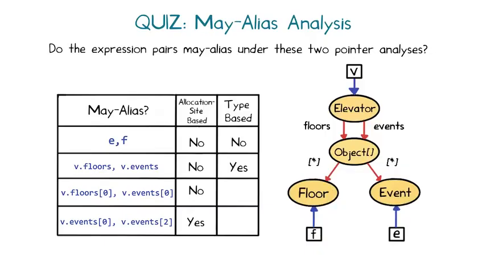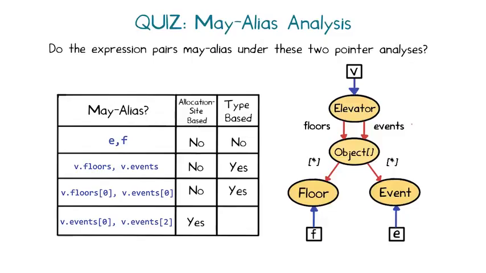And it tells us the same thing for v.events of 0. This pointer could refer to either the floor node or the event node. Since the set of nodes that v.floors of 0 could point to and the set of nodes that v.events of 0 could point to overlap, our analysis cannot prove that they do not point to the same concrete object. So we answer the may alias question as yes.